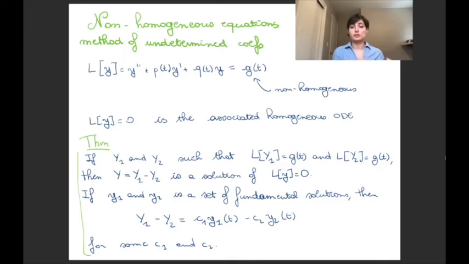If you have a set of fundamental solutions, then you can write the difference between capital Y1 and capital Y2 as something that looks like a general solution. So C1y1 plus C2y2 for some values of C1 and C2. That means that you can create things from the fundamental set of solutions if you know at least one solution of a non-homogeneous ODE.